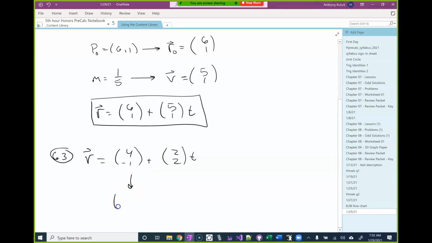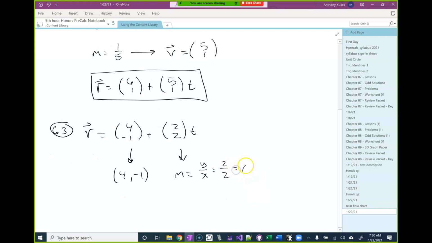So the point I'm going to pull out is going to be the point 4, -1. And the slope that I'm going to pull out is going to be the y over x. So I'm going to write that because I'm writing 2 over 2 here, I don't want you to be confused which one is over which. So make sure that when you do that, you're taking the y coordinate over the x coordinate. Or in this case, really just 1.